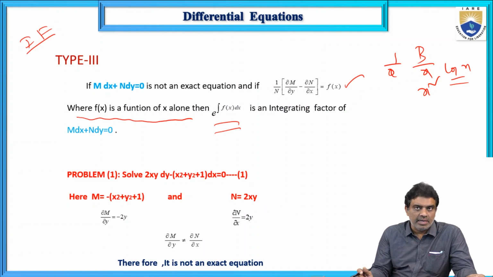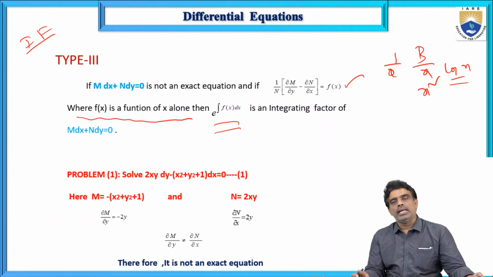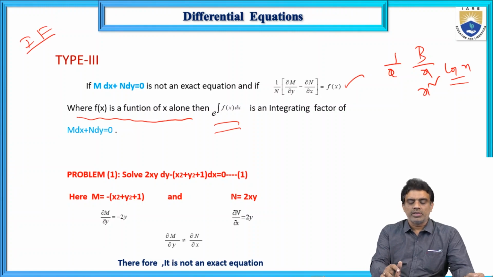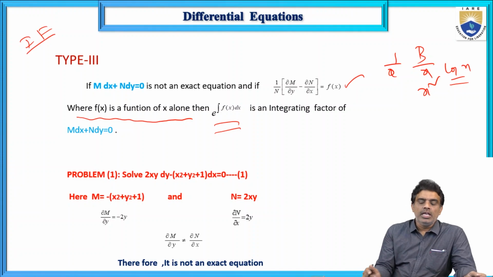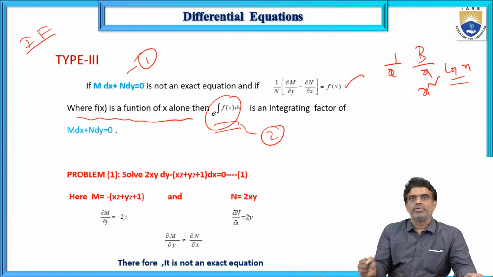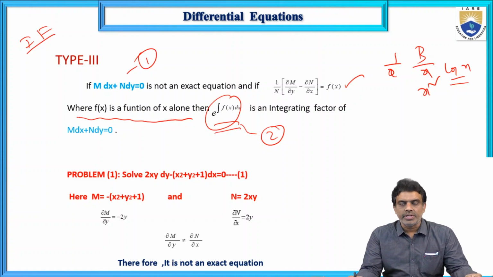So if m dx plus n dy is equal to 0 is not an exact equation, calculate and see the value of 1 by n into dou m by dou y minus dou n by dou x. If it is a pure function of x, then e power integral f of x dx is the integrating factor. So after getting the integrating factor, what do we do? We multiply equation 2 with equation 1 so that equation 1 will become an exact equation.